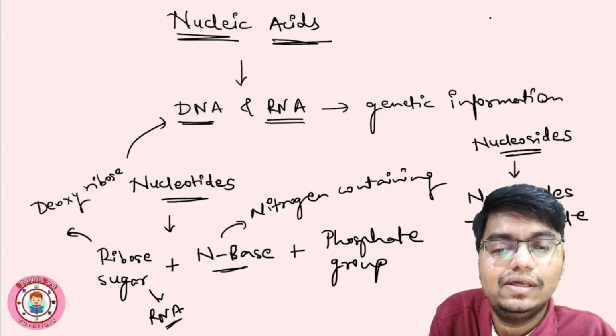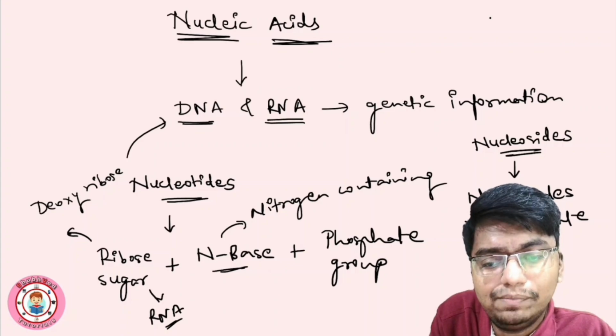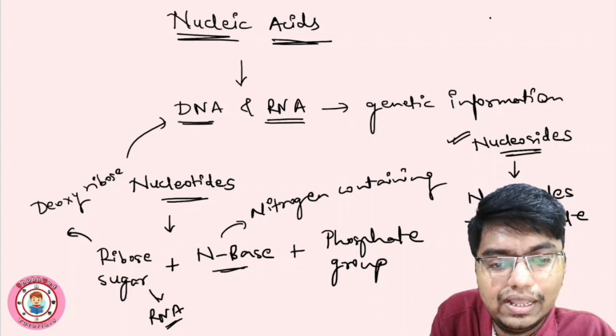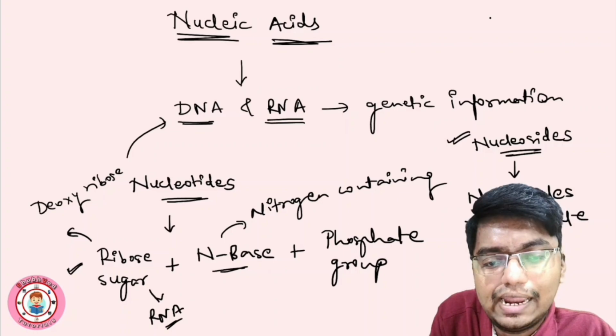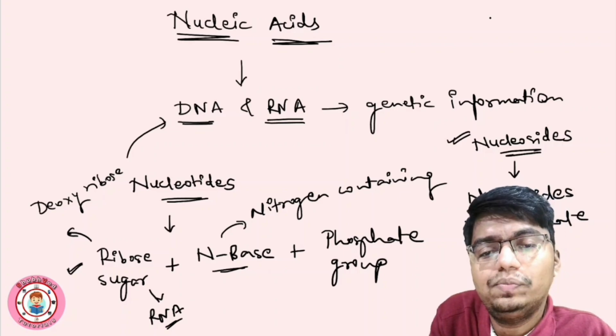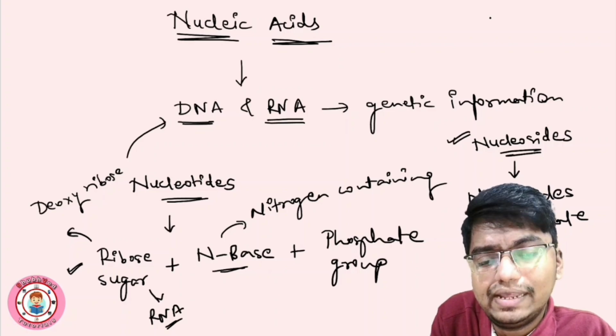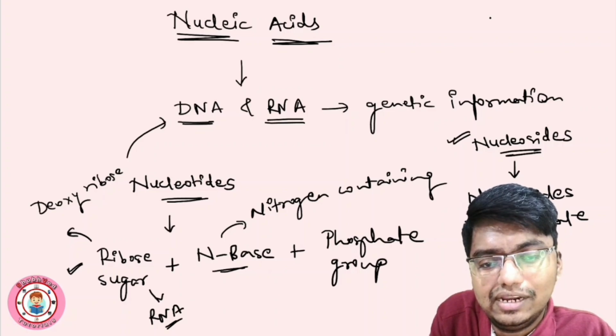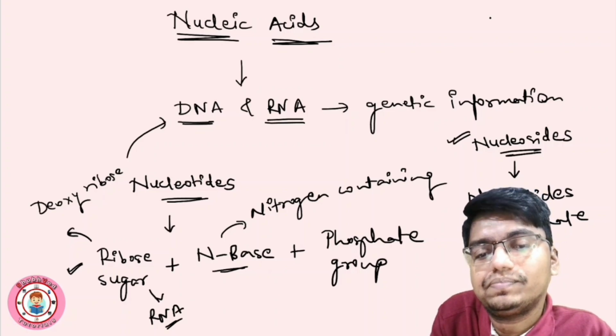Got it? Nucleotide minus phosphate group means in nucleosides only ribose sugar and nitrogen base are present. Okay, phosphate group is absent. When phosphate group is attached, it becomes a nucleotide. Got it?